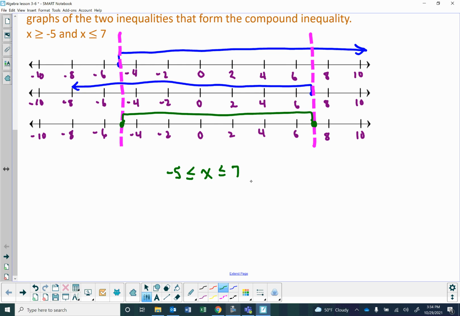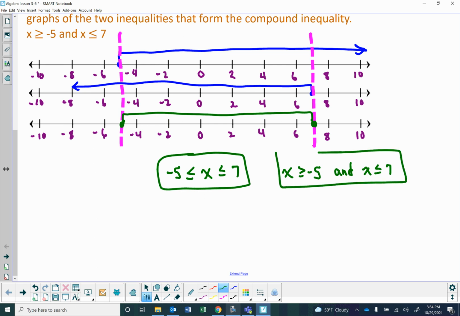This is the exact same thing as saying x is greater than or equal to -5 and x is less than or equal to 7. This is written as one inequality, that is a compound inequality, or you could write it as separate inequalities with the word "and" between them, but you have to state that there's an "and" there.